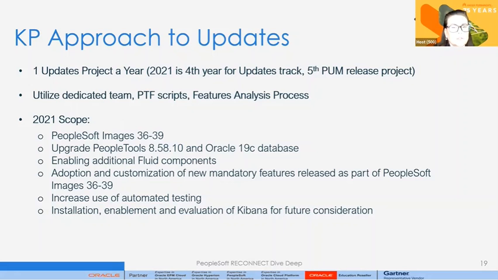We had some additional Fluid components implemented, and of course, adoption and customization of new mandatory feature releases as part of PeopleSoft Images 36 to 39. We also increased the use of automated testing during this year, and then installation, enablement and evaluation of Kibana for future consideration.